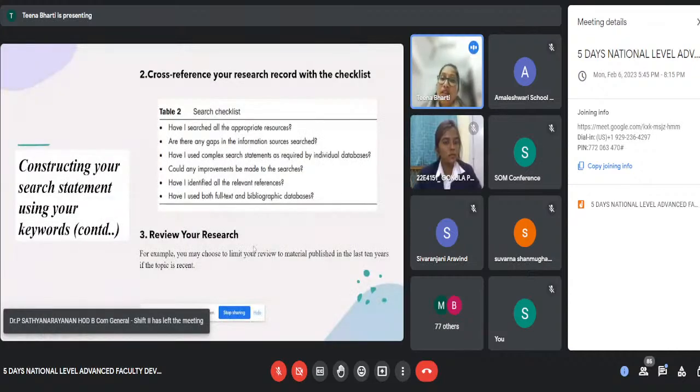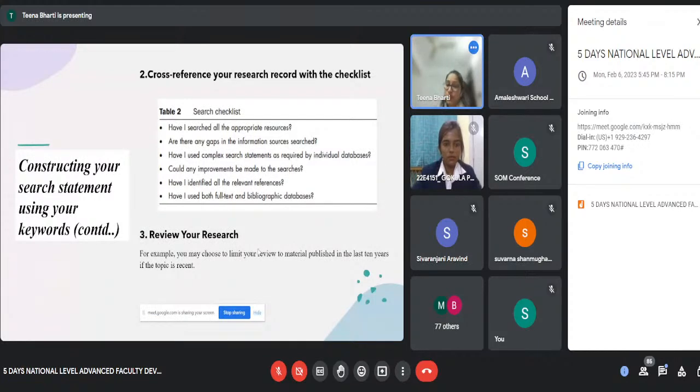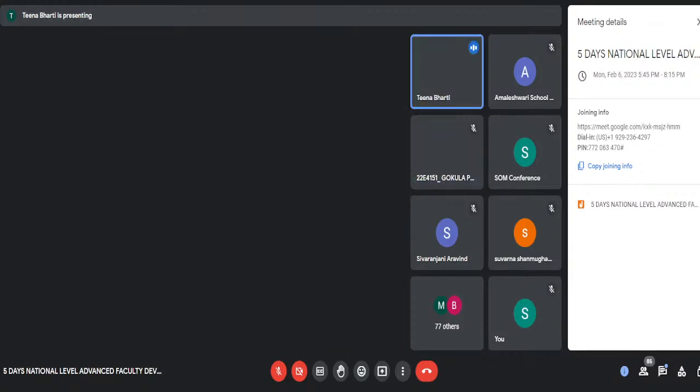And is it a full bibliographic database which you have used? All these questions are not to be mentioned in your article, but are for your cross check, to ensure that you have taken care of all the necessary and relevant literature which will be helpful in your review.